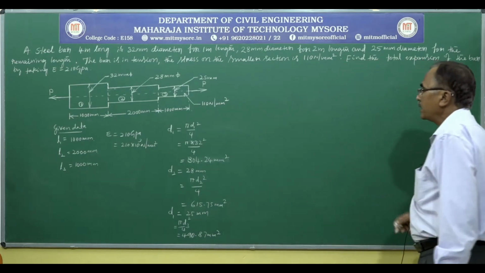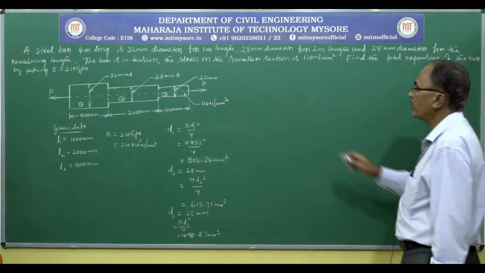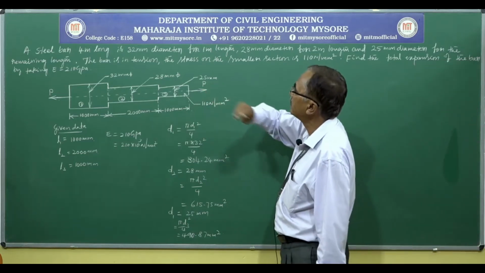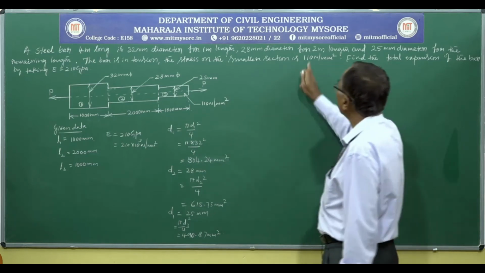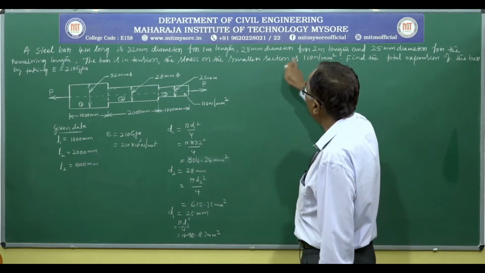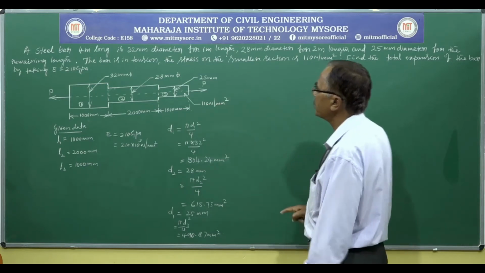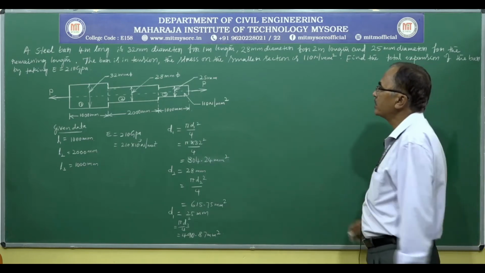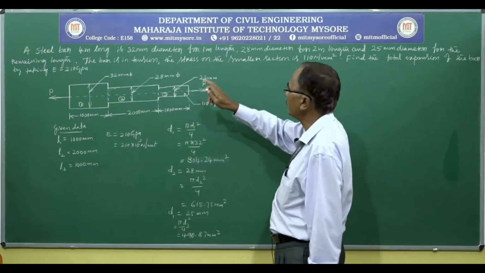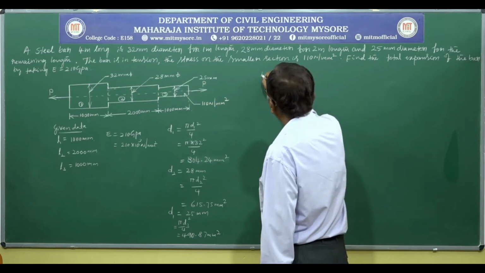It is asked to calculate total expansion, and we do not know the applied tensile load. For that, given the stress in the smaller section is 110 Newton per millimeter square. Since the bar of varying cross section is subjected to a common tensile load, we can calculate load P by considering the stress in the smaller portion.